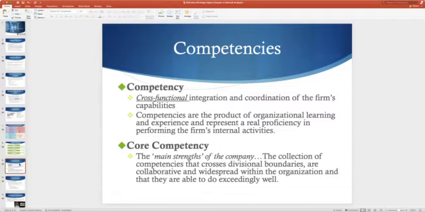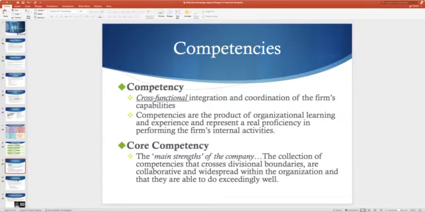And they are things that the firm does exceedingly well. An example of a core competency would be product quality or customer service or reliability. Those are things that would be core competencies. They are a main strength of that company.